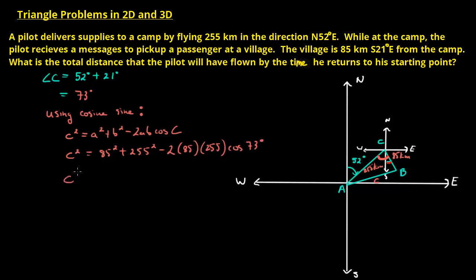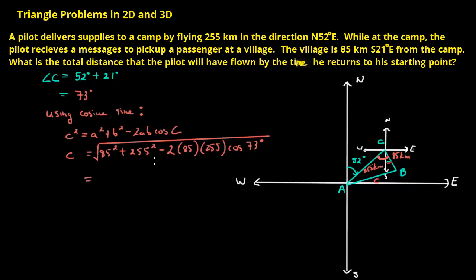And now we can solve for C, because C is just equivalent to the square root of all this. So I could actually just solve for C in one step.